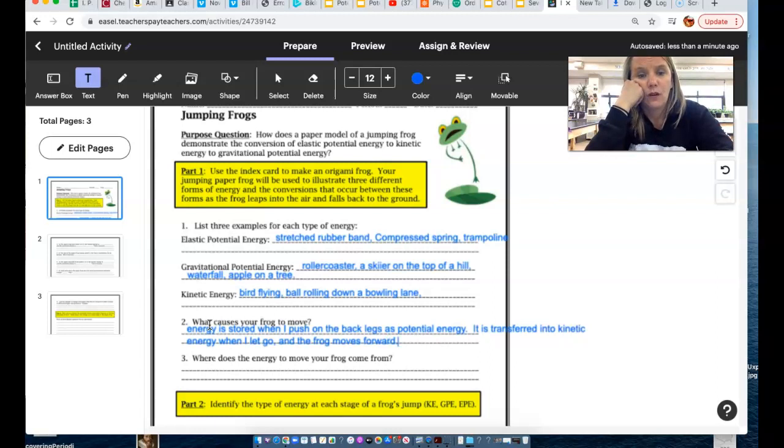Where does the energy to move your frog come from? Well, we know from the law of conservation of energy that we can't just create energy. When I push down on the frog and I let go, it flies forward. Where does that energy come from? What do you think?